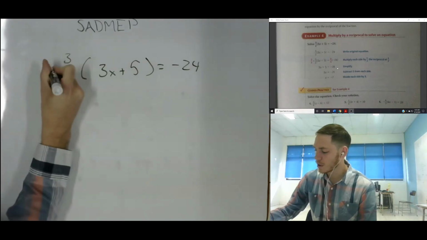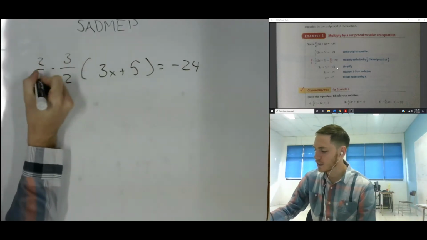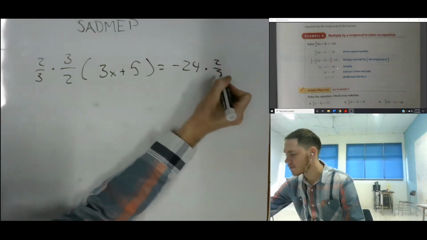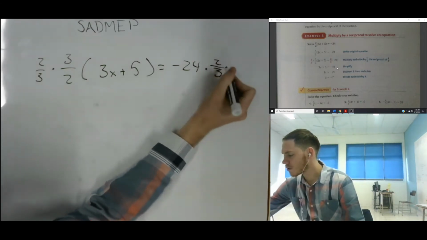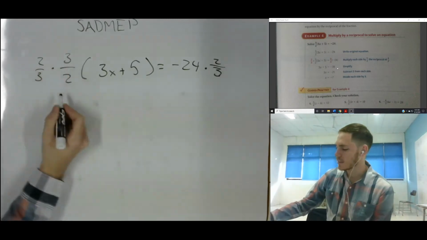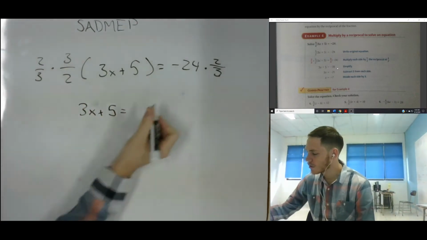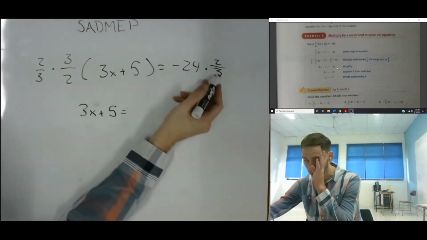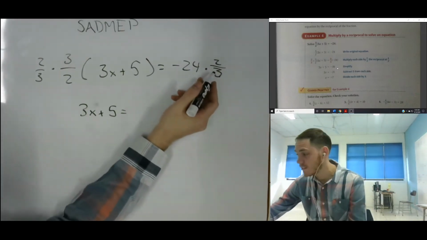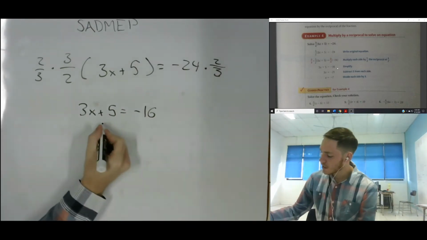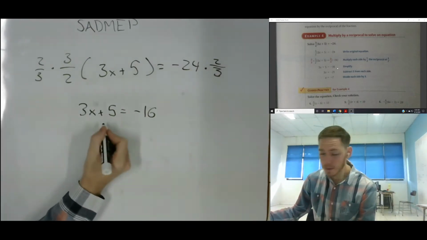So we're going to multiply both sides by the reciprocal, 2 over 3. And so these two cancel. So then you get 3x plus 5 equals, and then negative 24 divided by 3 is negative 8 times 2 is negative 16. Okay, so now we do SAD MAP.